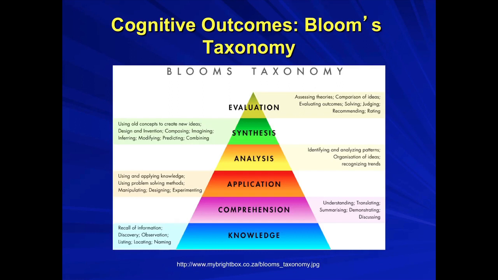But then there's more about cognitive outcomes. Oftentimes, we don't want to leave it there. We want our students to be able to apply what they've learned. That's usually what we want. We want students to know certain information, say in history, but then be able to apply that information, say about World War II or some other war in the past, and then use it in some kind of way, to analyze.